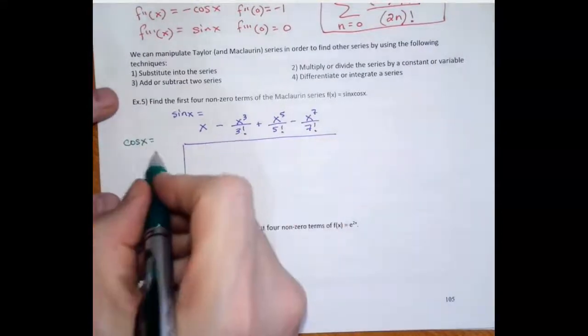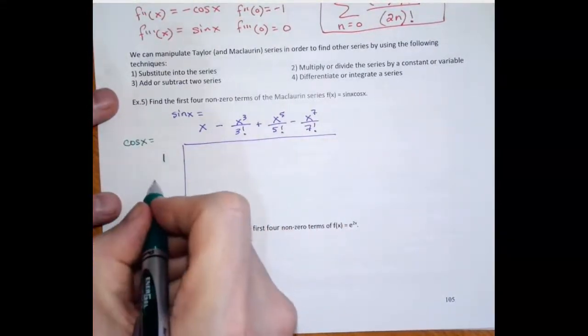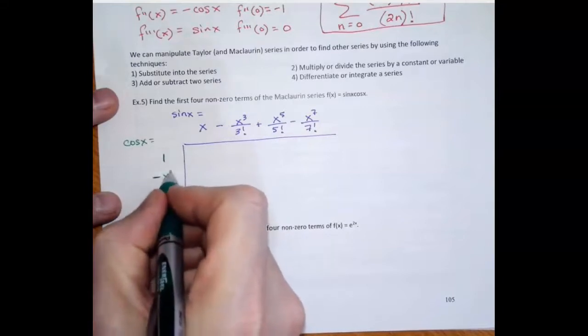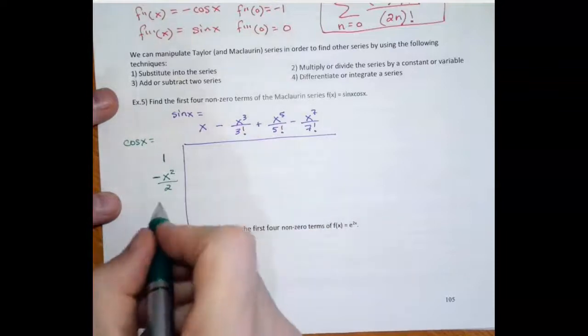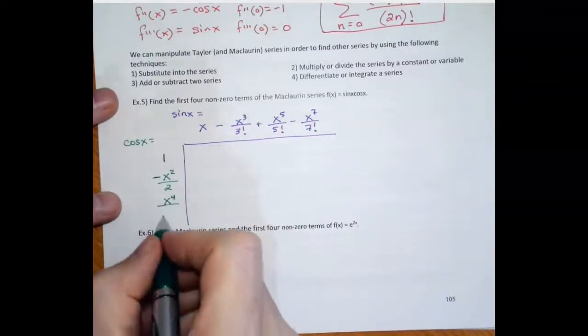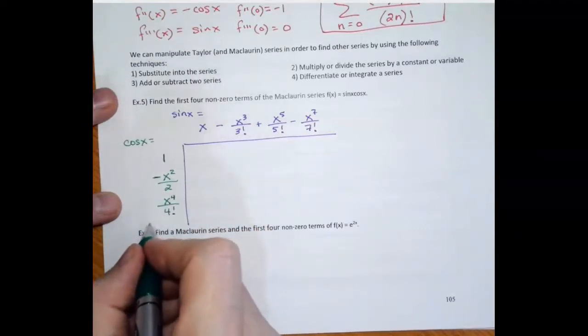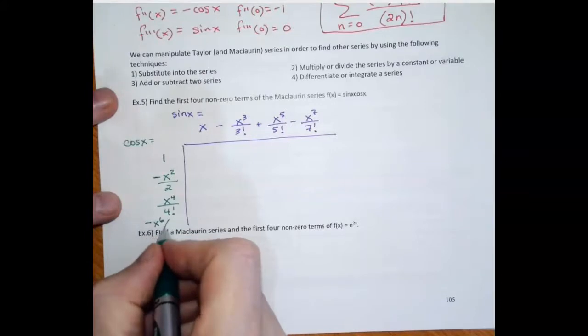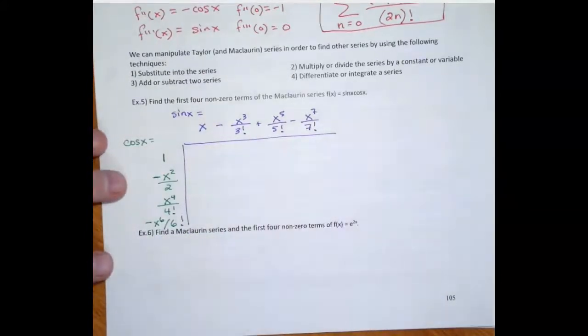So cosine, remember, starts at 1, and then that's going to also alternate, so that's going to be minus x squared over 2 factorial, but that's just 2, and then it'll be plus x to the 4th over 4 factorial, and I'm running out of room down here, minus x to the 6th over 6 factorial. It's a little awkward there.